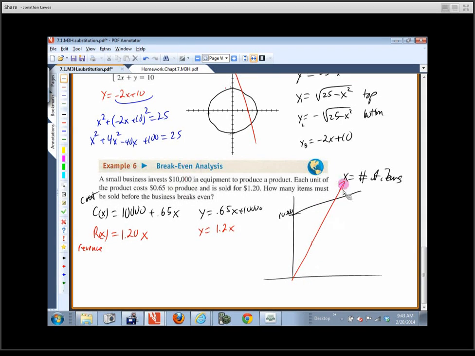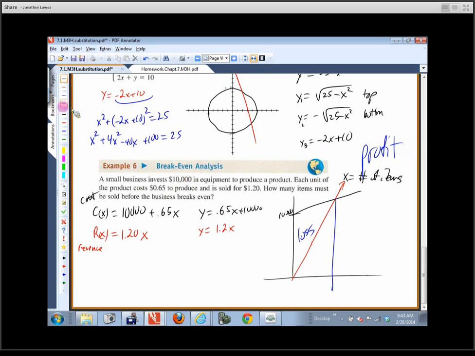What happens over here? You're profitable, right? Because your revenue, the money you're bringing in, is more than the money that you've spent to make the items. So you're at a loss right here. You're at a profit right here. So this is loss in this area, and this is profit over here.